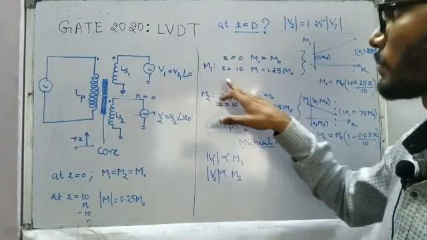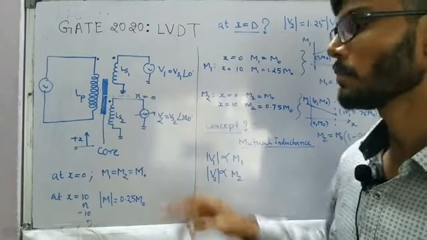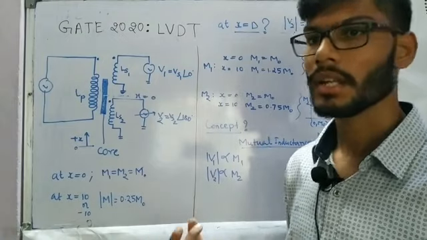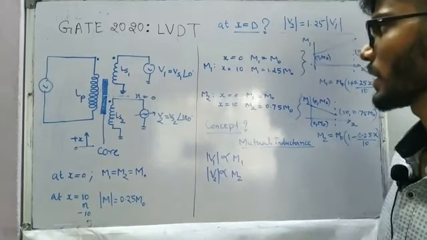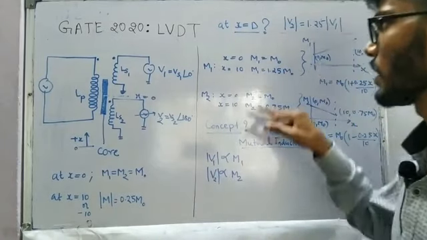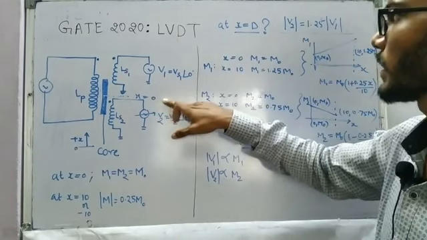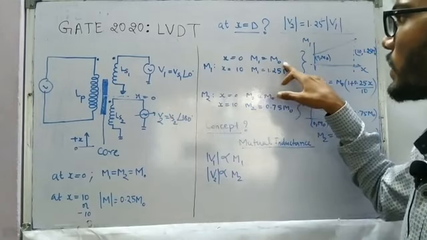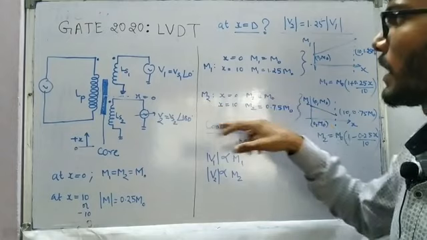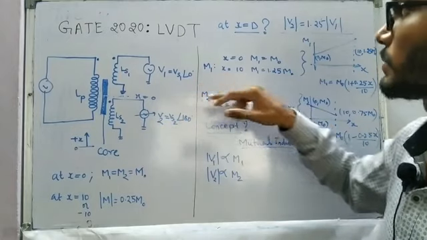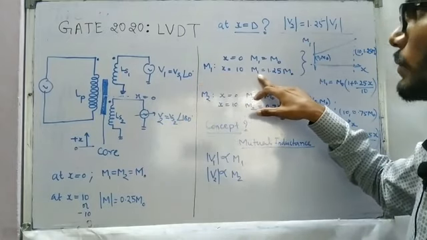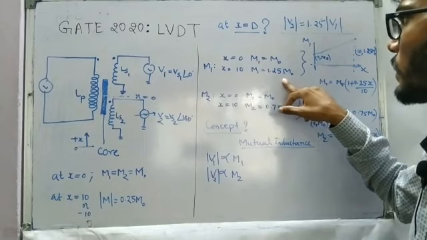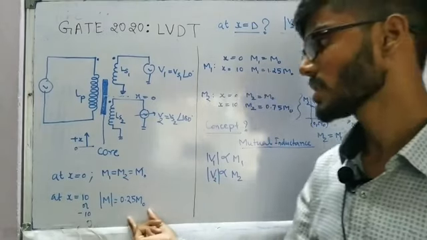First and foremost, for M1 and M2, it is given that they vary linearly, so we first have to get the linear expression. At x equal to 0, the M1 value is M0 and the M2 value is also M0. When we take the positive displacement x equal to 10, M1 is going to increase, so it becomes 1.25 M0 because the change is 0.25.